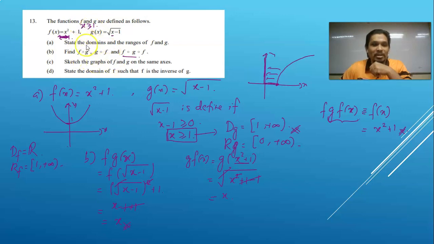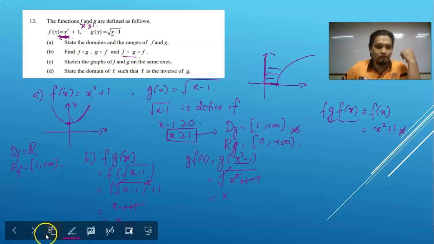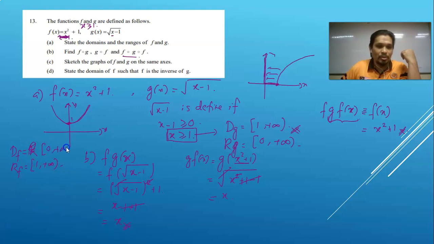Because there's a relation between this and this, it cannot be something like this here. Compare this one with this square root function. So actually, supposedly somewhere around here. I change this one to 0 to positive infinity.